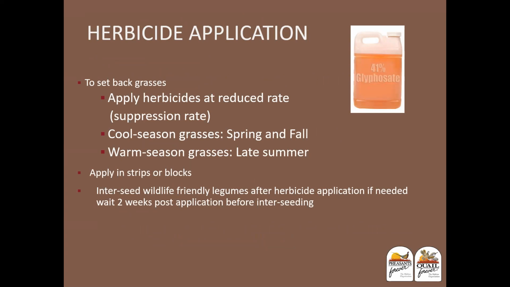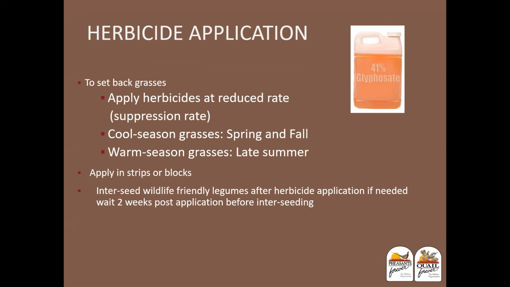So, like I said, the other aspect of what we're trying to set back is those grasses. With this, you can use glyphosate, but definitely consider the timing. If you're trying to target some cool season grasses, you want to spray earlier in the year, in the spring, whenever the soil temperatures are 50 to 70.